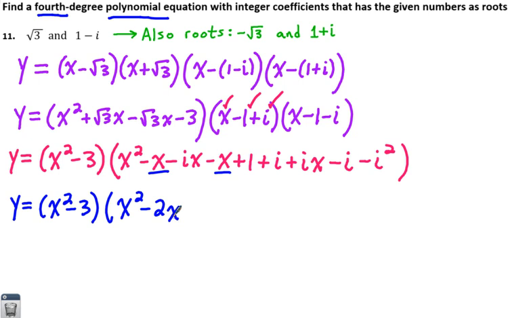That's gone, that's gone. Well, I want you to remember something, that i squared equals negative 1. You're going to have to remember that. i squared equals negative 1. And so what this becomes is minus a negative 1, so it's really plus 1. So this and this are going to combine together into plus 2.